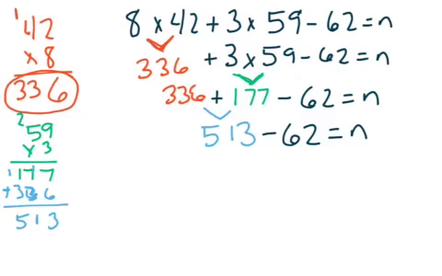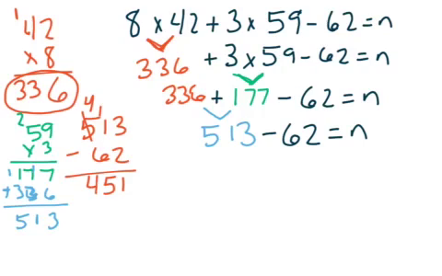My final step is for me to subtract. So I don't have enough room to go down anymore. I'm going to rewrite 513 minus 62. Okay, 3 minus 2 is 1. I have to regroup. And I have 11 minus 6 is 5. And then I bring my 4 down.